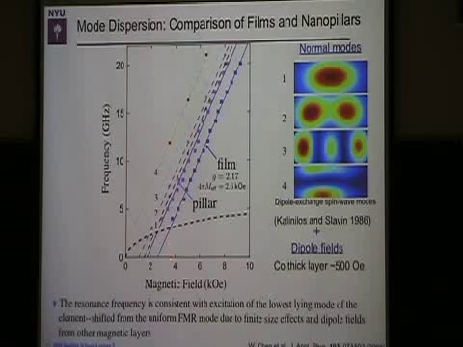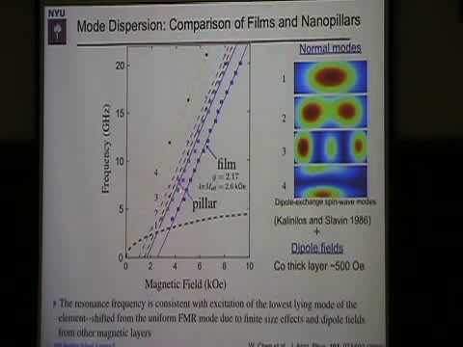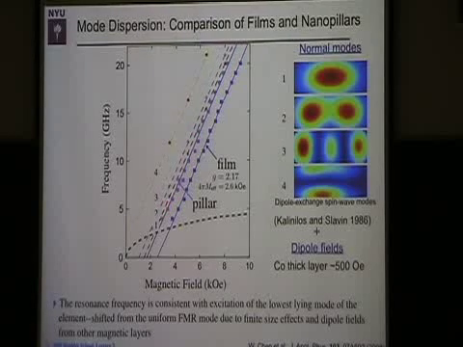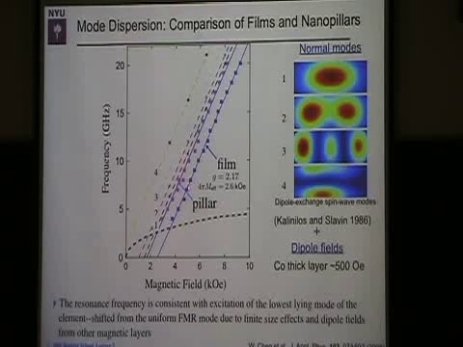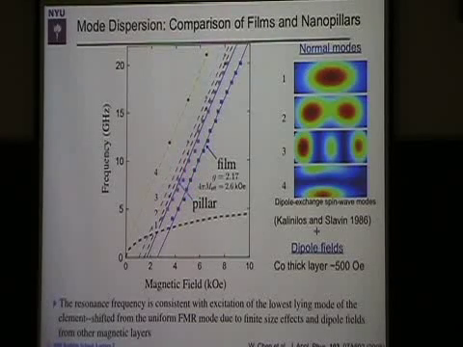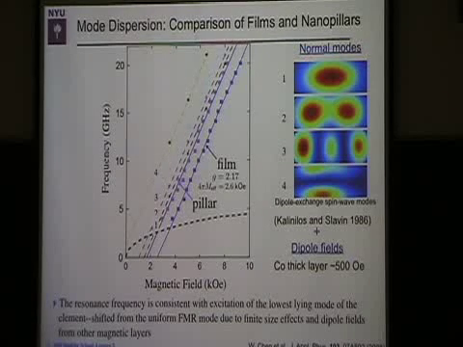This is an experiment with much finer resolution. This is a film, and this is the same film patterned into a nanopillar. You can see there's a shift of the frequency up. We think what we're seeing is that the frequency at any given field is a little bit higher in the nanopillar. We think it's because of the mode structure we're exciting in the pillar.